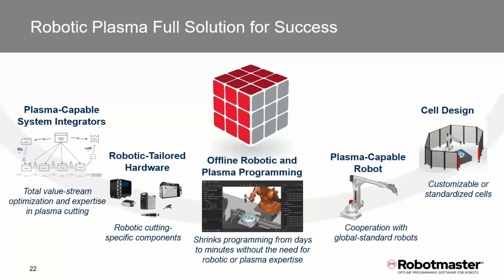Hypertherm's got a very broad set of channel partners that we work with around the world, and we are happy to drive business to them to know how to do that. Your plasma provider hopefully has also worked in robotics and has tailored hardware for a robotic arm, knowing how to do leads management, stresses on the system.